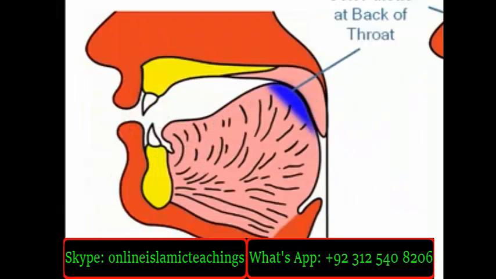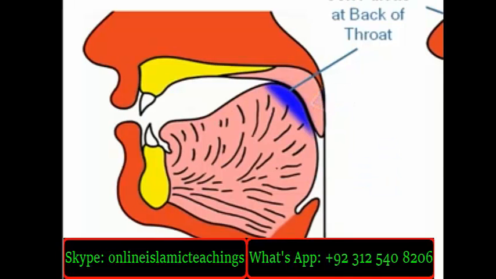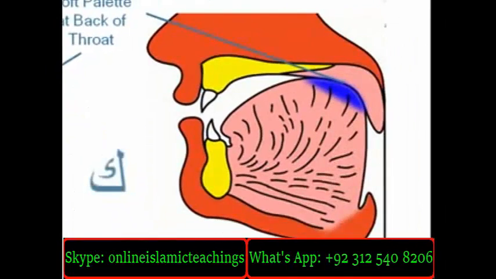When you say Qaf, the back of your tongue touches the very back of the soft palate and blocks the air before you release the sound. Whereas the Kaf is again touching the soft palate, but slightly more forward than the Qaf, and it's said normally quite softly.